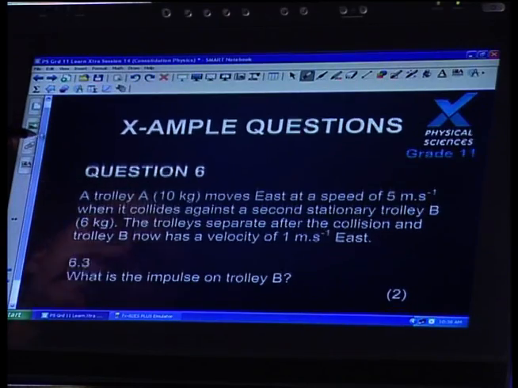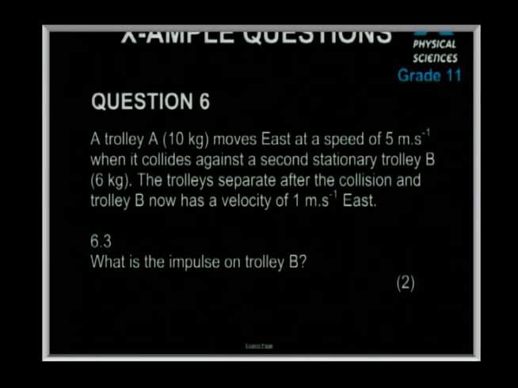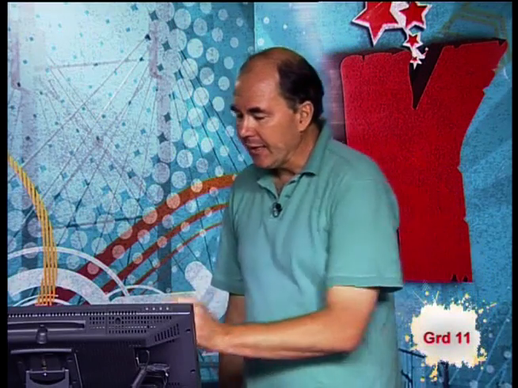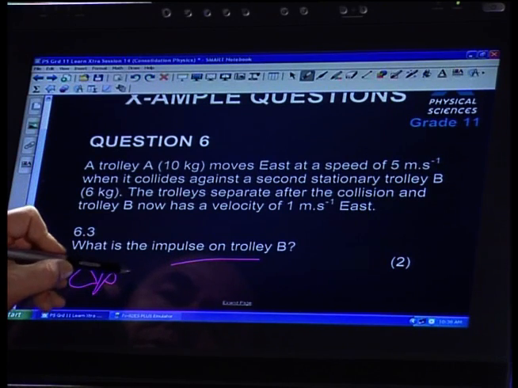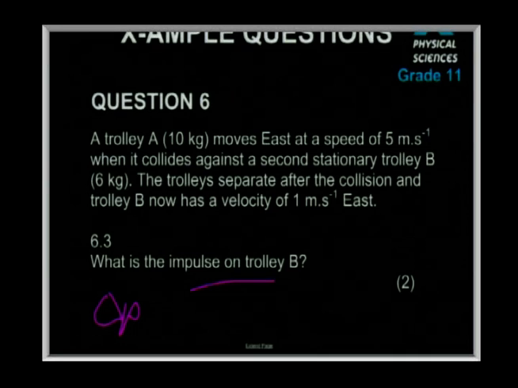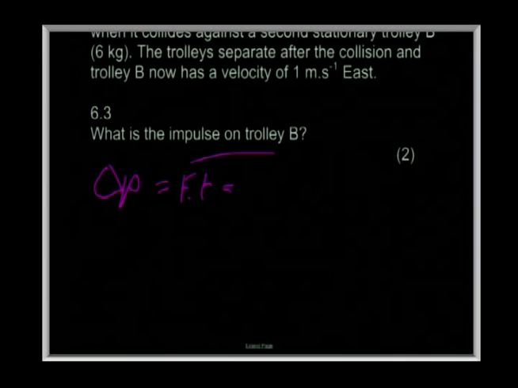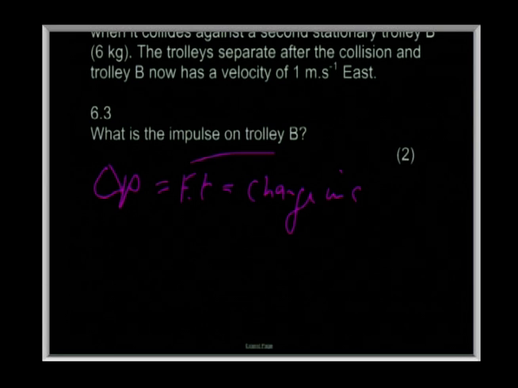Right, what's the next part of the question? It says, what is the impulse on trolley B? Now, here's the interesting thing. The impulse is equal to F times T, which is the change in momentum, which is what we've just calculated.